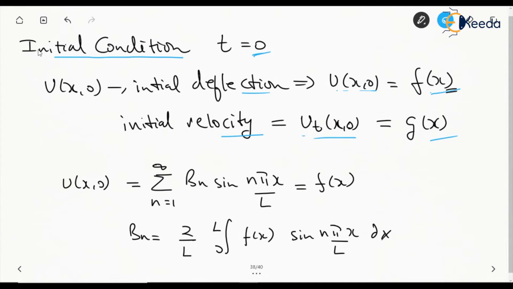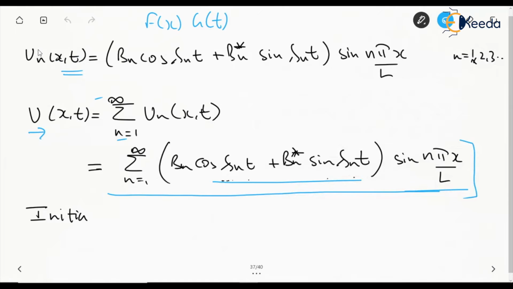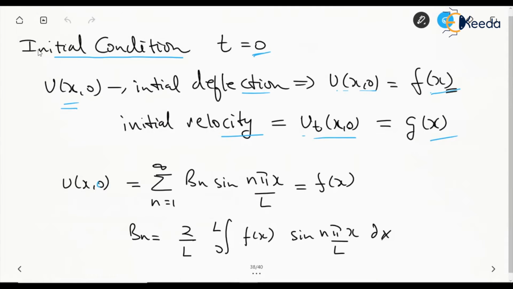It may be given in your questions. In that case, this u(x,0), which we are discussing here, becomes this. Why? Because taking t equal to 0 in this equation, this becomes cos 0, which is 1, and sin 0 becomes 0. So we will be left with only b_n into this sin(n pi x by L). So that is what we have here.